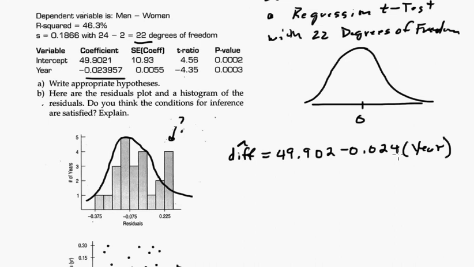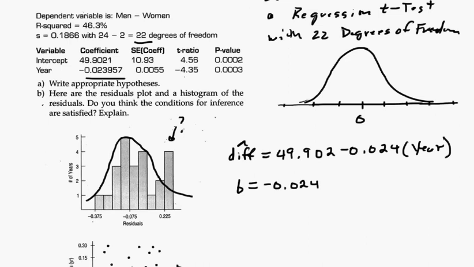So that's our model. So our test statistic is negative 0.024. So that's a pretty small number. It looks pretty close to 0, but without having the t-value, we really don't know if it's close to 0 or not.